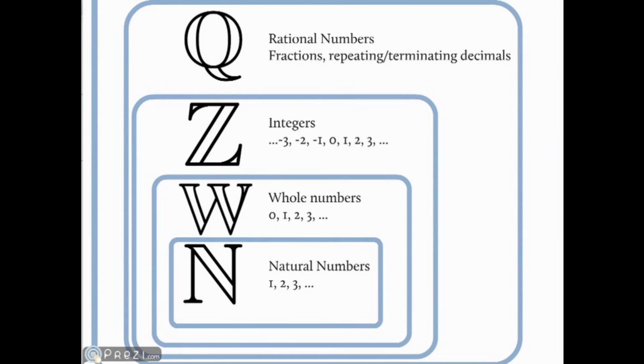The next biggest set is the set of rational numbers. And these are the numbers, as we just said, which are fractions, repeating, and terminating decimals. The number 3 is a natural number, a whole number, an integer, and it is also a rational number. The number 0 is a whole number, an integer, and a rational number.